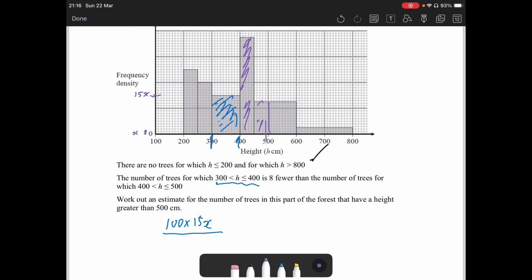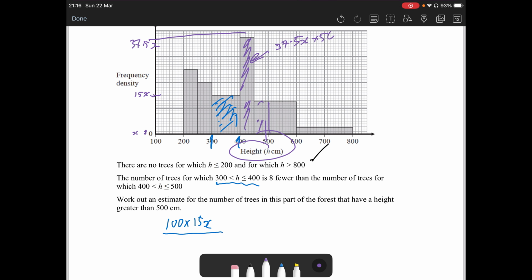All right, so the 400 to 500 bit, there are 2 rectangles here. So this one's got 20. Oh, this is a killer. 10, 20, 30. This rectangle on the left, annoyingly, is 37.5 times 50. 37.5x, which is the height here, times 50.